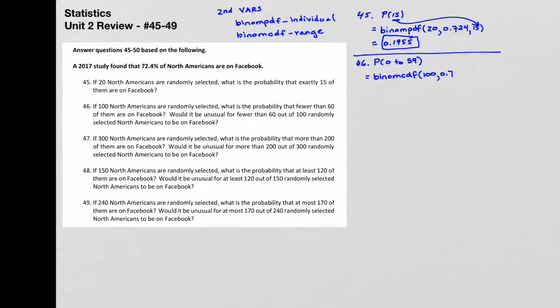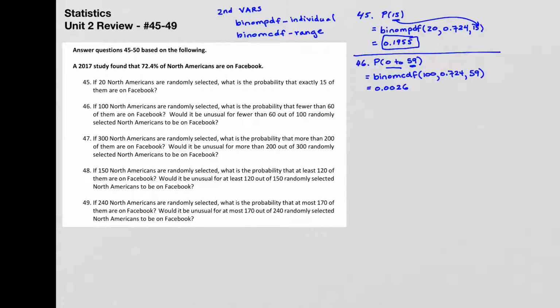Probability of success is 0.724. And now, what is the maximum number of successes? We have to have this in the format of 0 to whatever number. And in this case that number is 59, that's our x value here at the end.